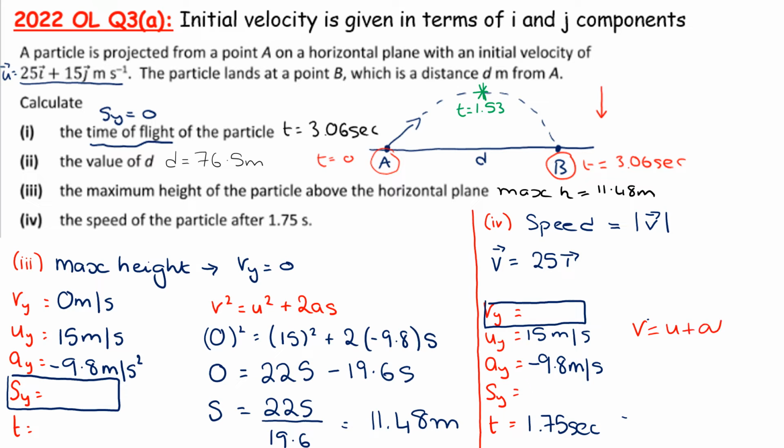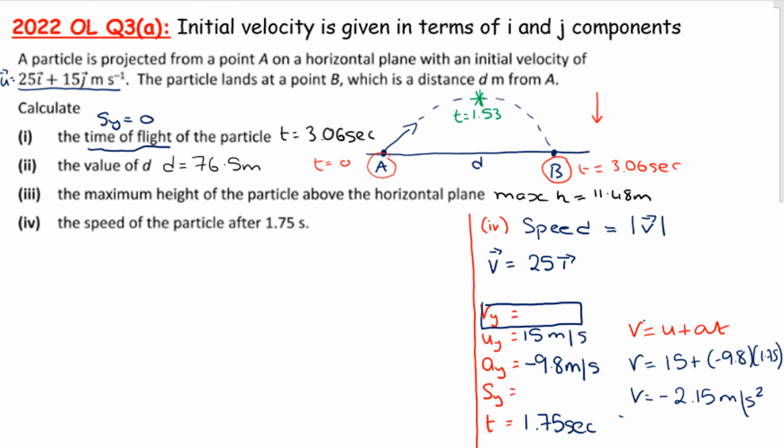So when I work that out, our velocity is equal to 15 plus minus 9.8 times 1.75, and we get minus 2.15 meters per second.